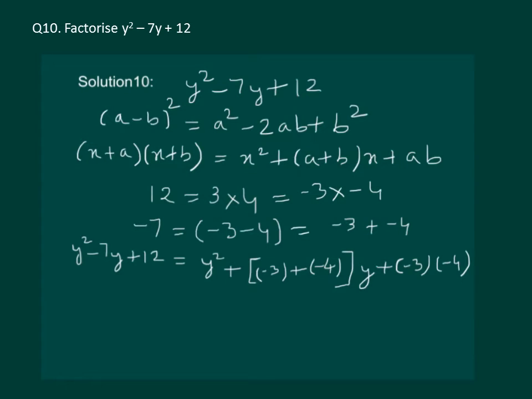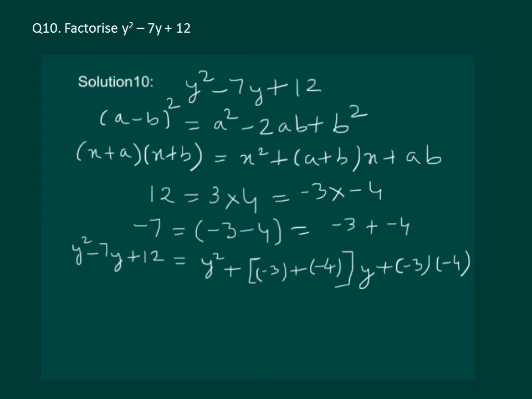On substituting a as minus 3 and b as minus 4, we can write y square minus 7y plus 12 as this expression, which can be compared to the identity.